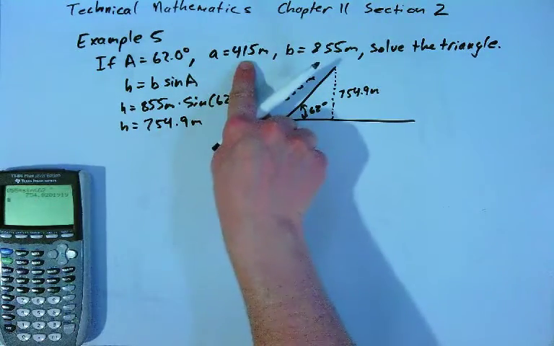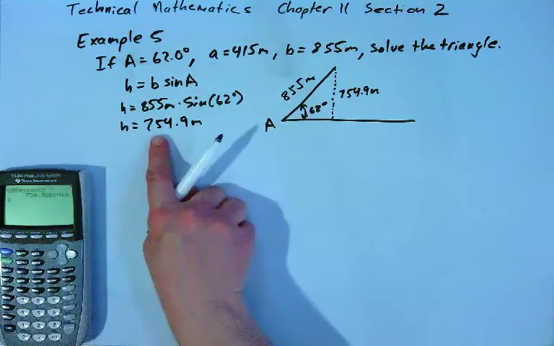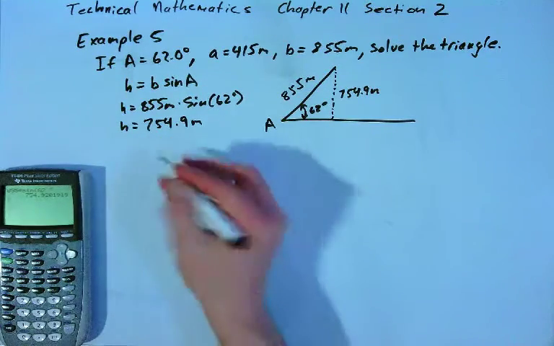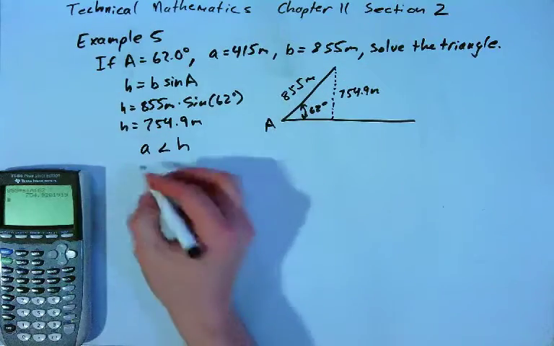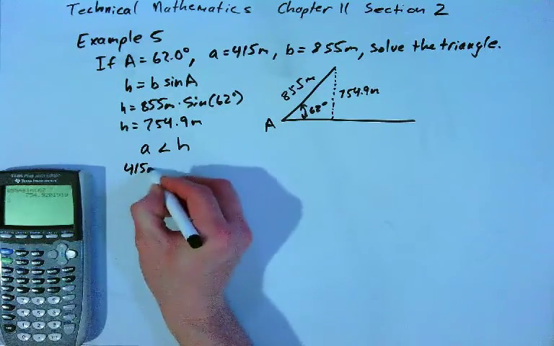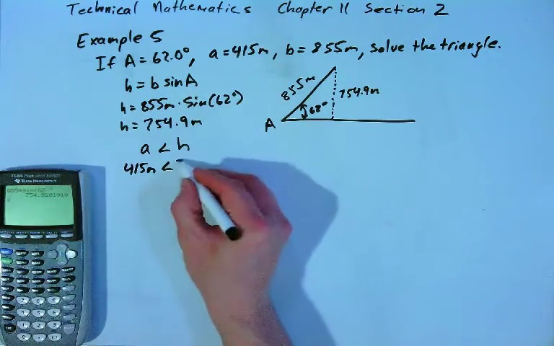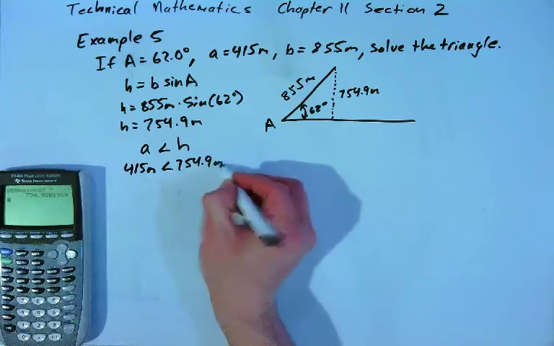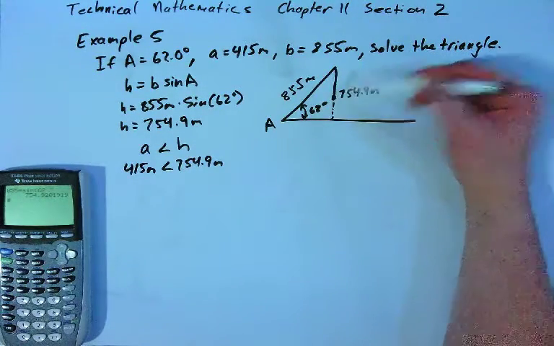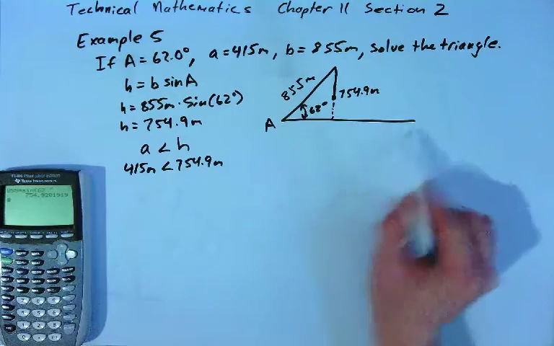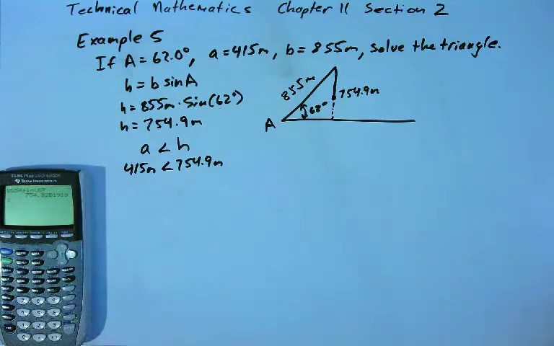And so a is 415 meters, h is 754.9. That means that a is less than h. So a is 415 meters, and that is less than h, which is 754.9 meters. What that means is that a is not long enough to reach this side. That means that there's no solution.